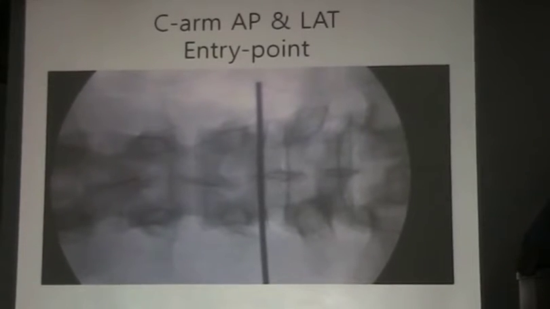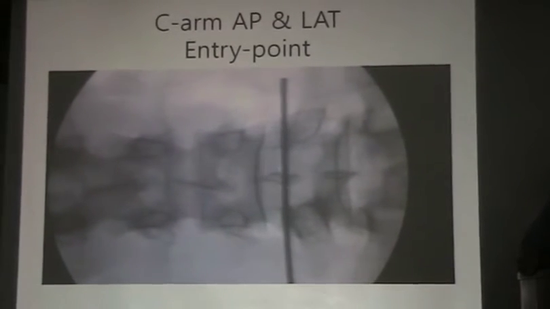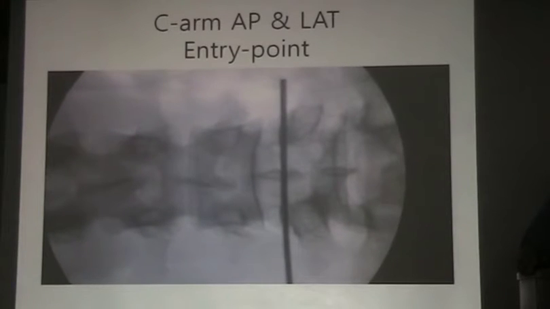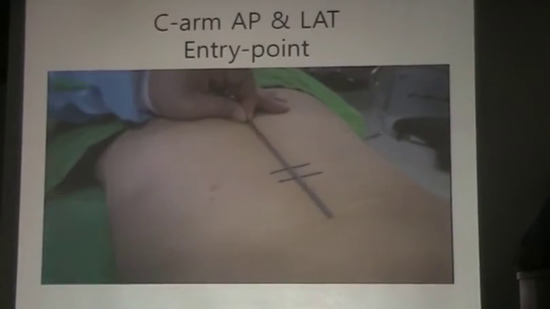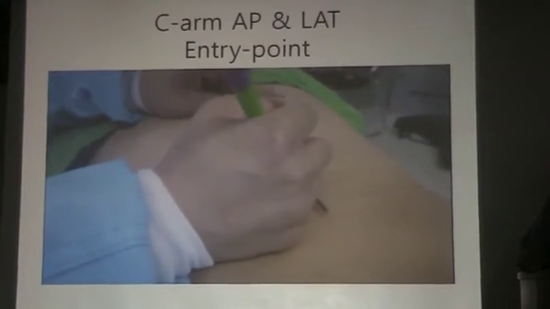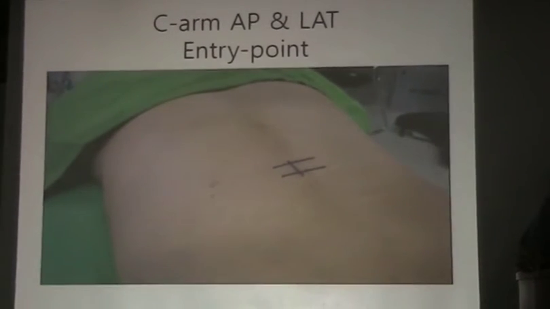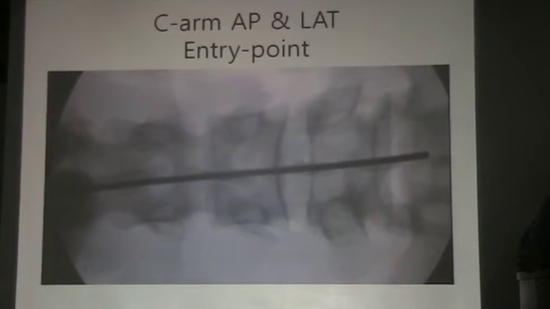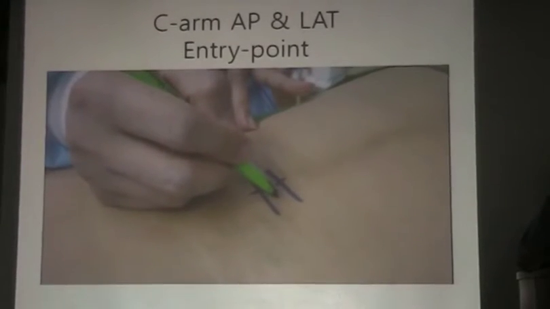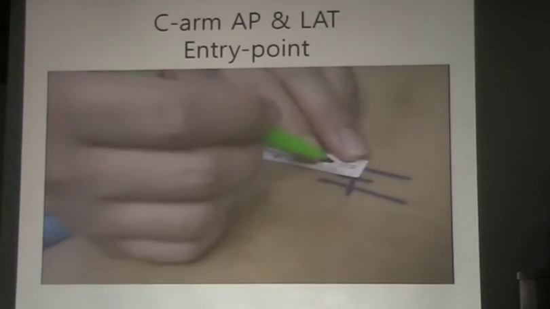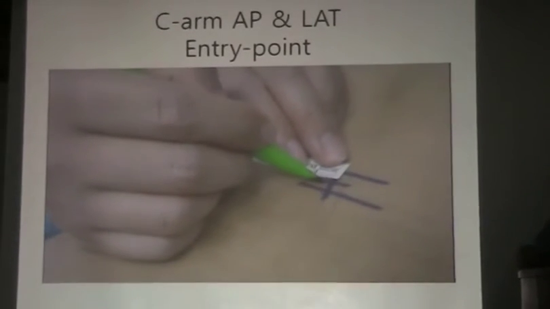This is an example of the C-arm AP view. The two black lines of the endplate are parallel. Check the midline. Check the middle of the disc space. Then check the distance from the midline, like this.